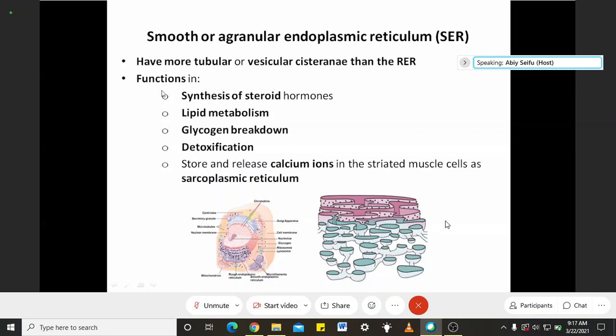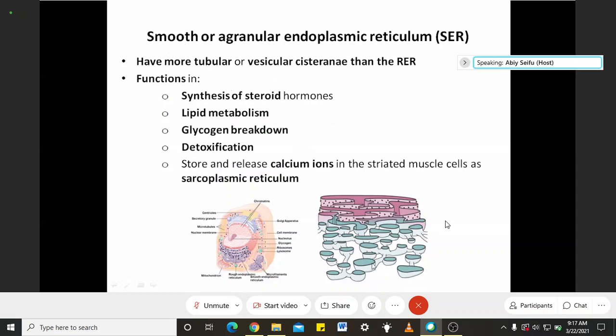So you see again, the smooth endoplasmic reticulum is well formed in cells such as skeletal and cardiac muscles, in cells such as liver cells, which specialize in detoxification of substances. It is also very well formed in steroid and lipid synthesizing types of cells.